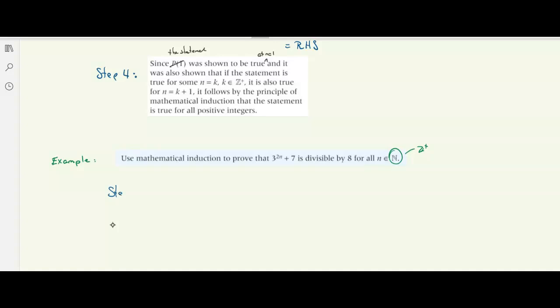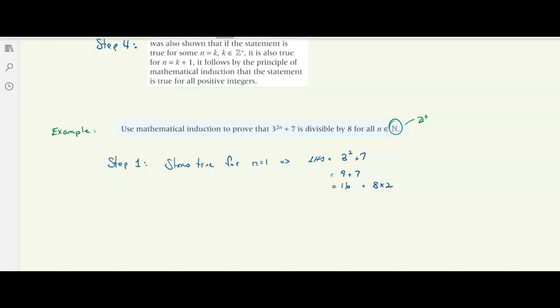So step 1 is to show true for our lowest value. So that is for n equals 1. So the left-hand side equals 3 to the power of 2 plus 7. And that's done.